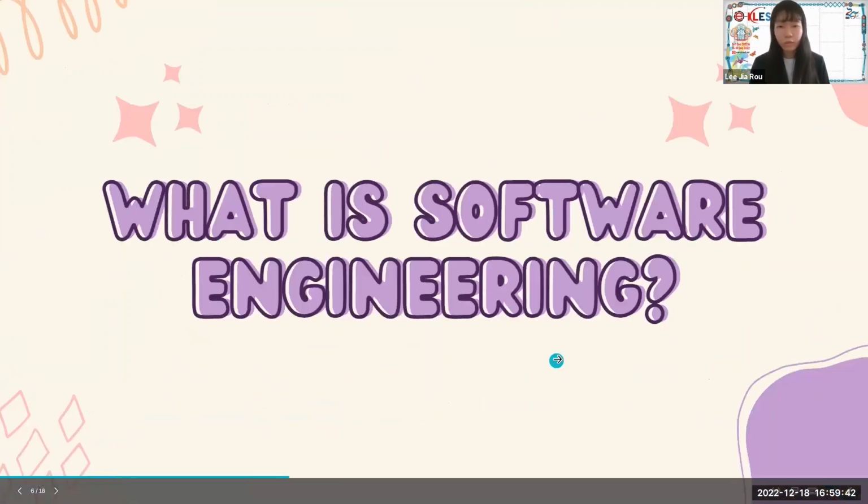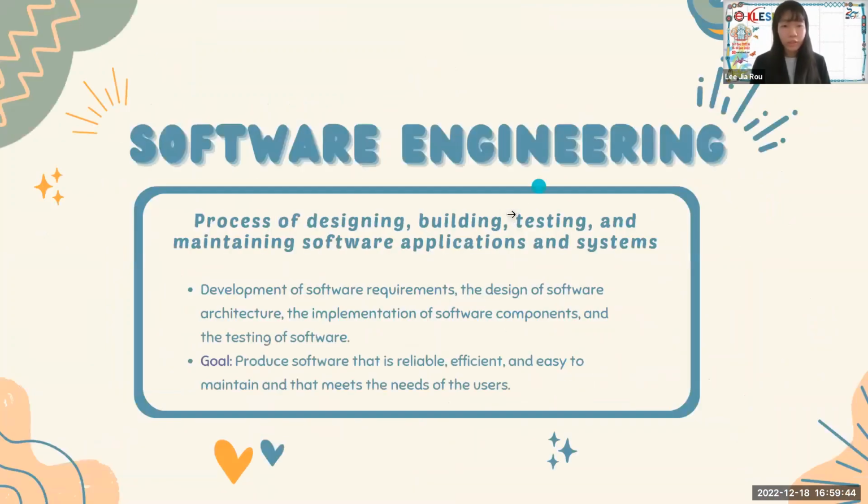But for software engineering, one more thing is you will need to maintain and also test the software after you have designed or completed your software. It's like behind the scenes after you complete everything. Computer science is basically the front end part, while software engineering is the behind the scenes.